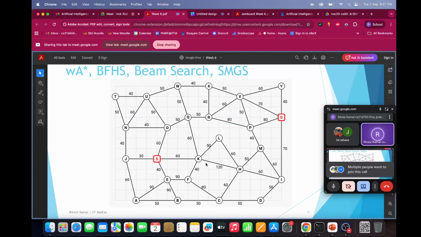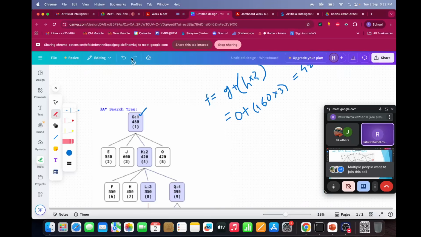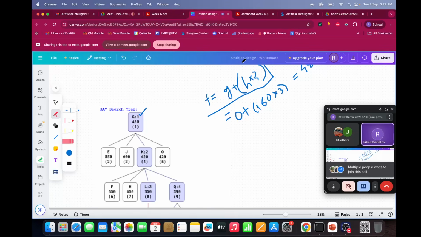Maybe I can show you the graph one more time. So from K we can go to F, H, L and Q. Okay, and each of them have their own costs that we have calculated using this particular framework, right? So K was inspected.